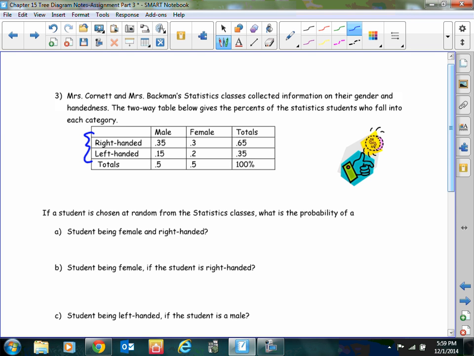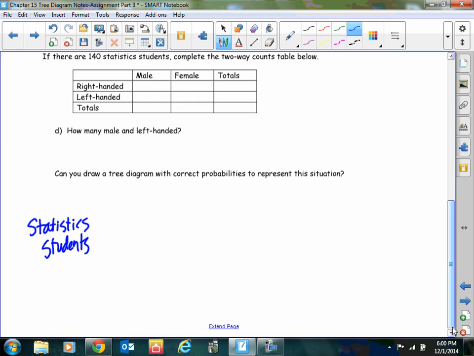That told me 65% were right-handed and 35% are left-handed. So that means 65% of the statistics students are right-handed and 35% of the statistics students are left-handed.